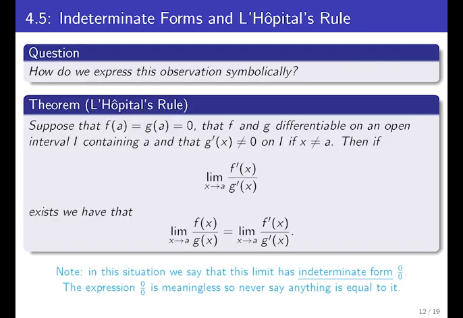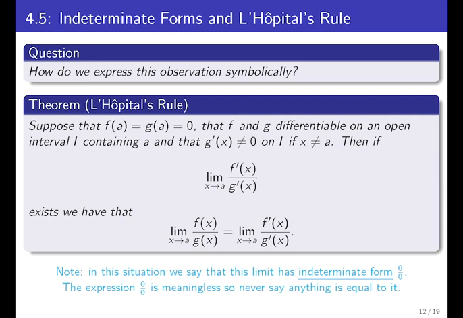I think we can all agree that as nice as this is, it would be a pain to have to graph two functions every time we wanted to understand the limit of their ratio. So we ask, is there a way to rewrite these observations symbolically? L'Hopital's rule gives us a connection between the limit of a ratio of two functions and the ratio of their two derivatives.